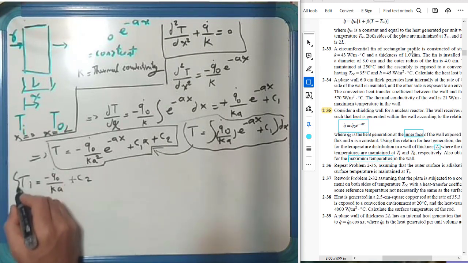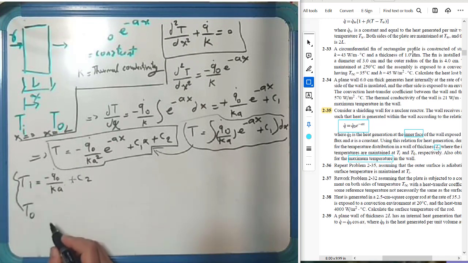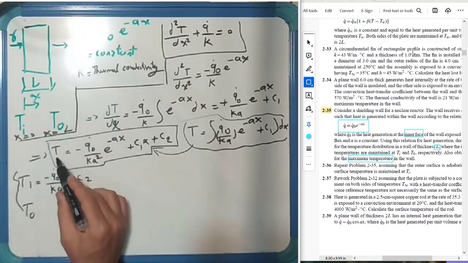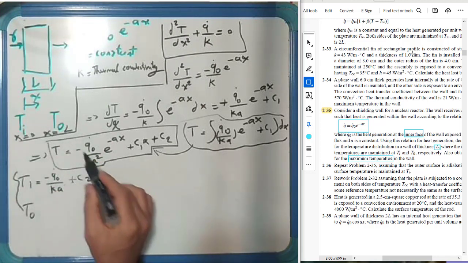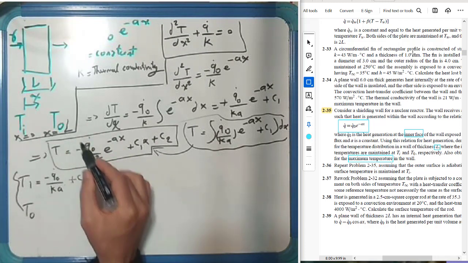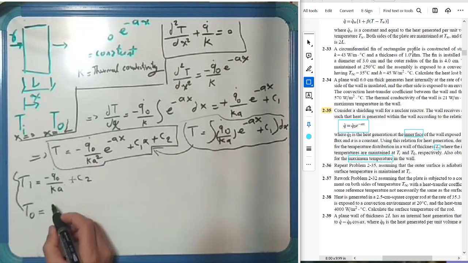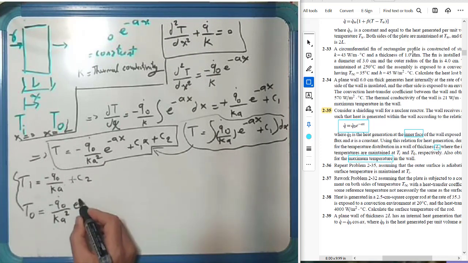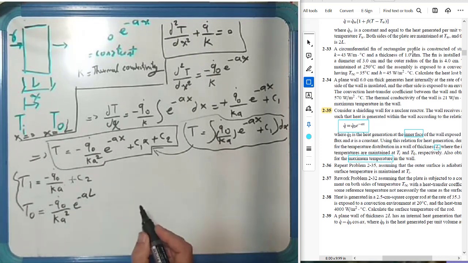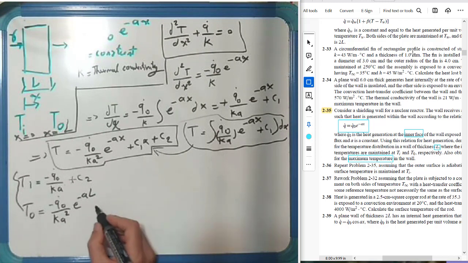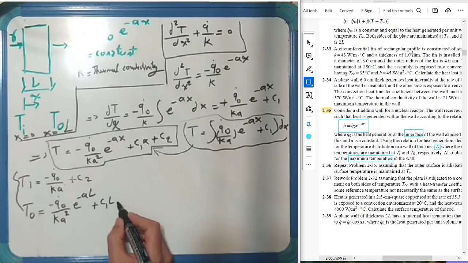And for To, if I put To in place of T and L in place of x, it would be To equals minus Q dot naught over k a squared e to the power of minus a L plus c1 L plus c2.